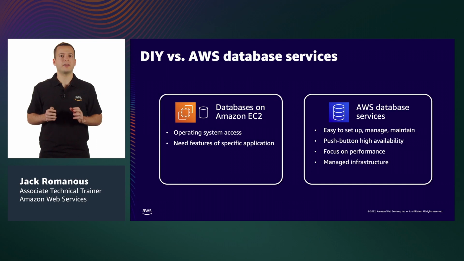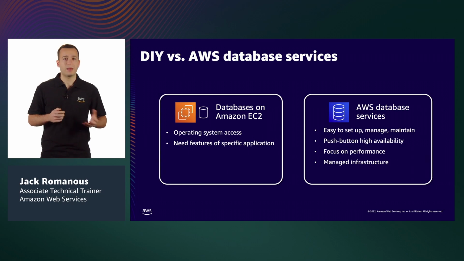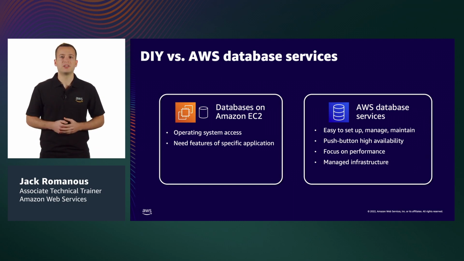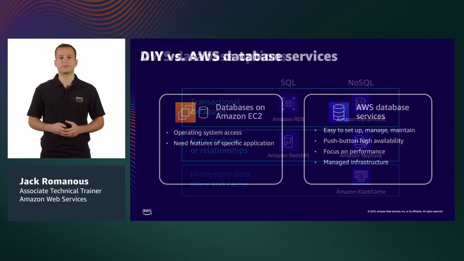You could instead, though, choose to deploy your database on one of the AWS managed database services. Some examples are Amazon Relational Database Service, or RDS, for SQL-based databases. There's also Amazon DynamoDB for NoSQL databases, Amazon ElastiCache for in-memory caching, or Amazon Redshift for data warehousing.